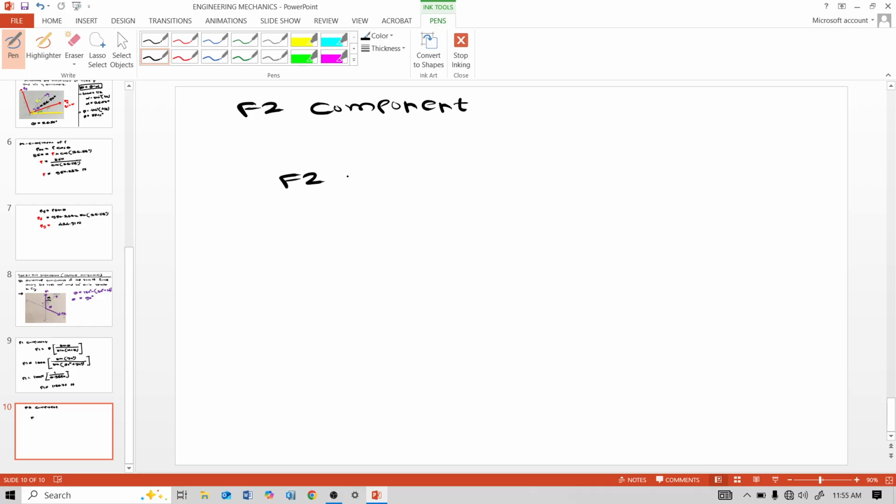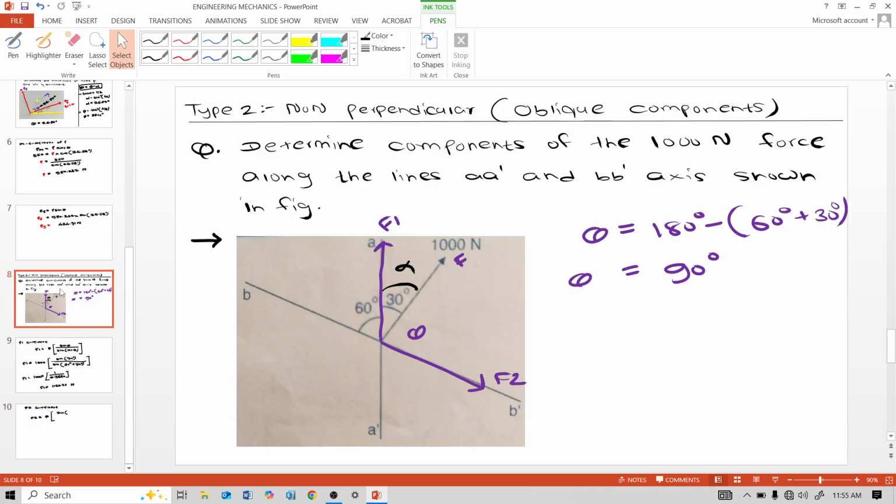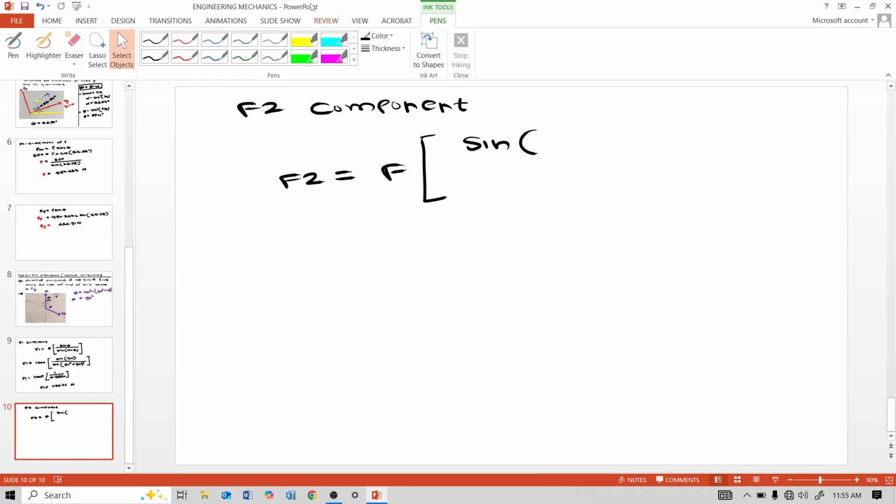The F2 component is equal to the force F into sine of, do not take the angle between F and F2 in the numerator, take the other angle alpha, so that alpha will come in the numerator, upon sine of alpha plus theta.